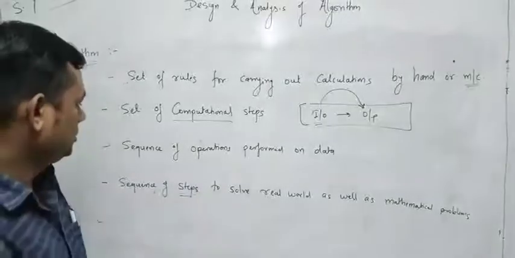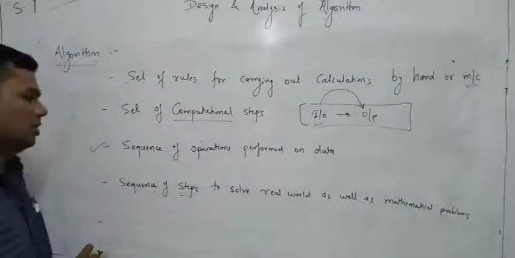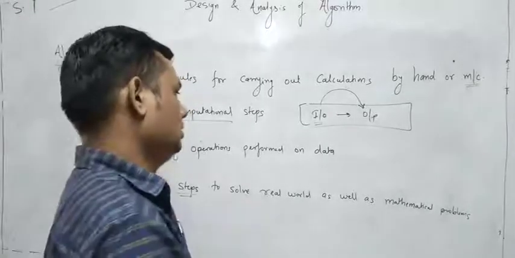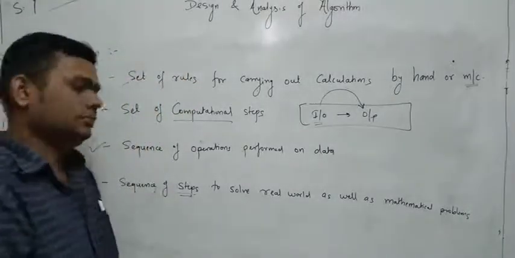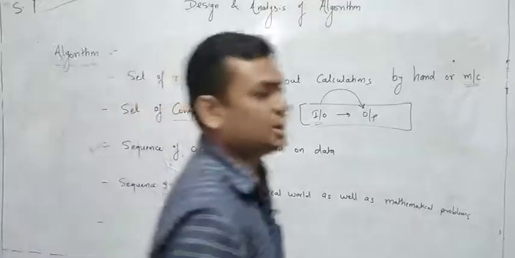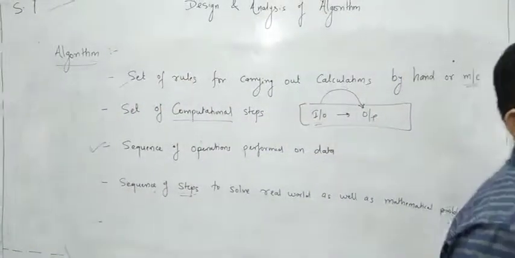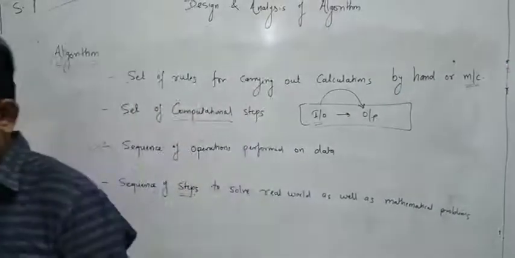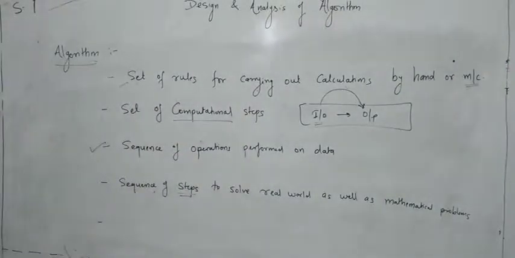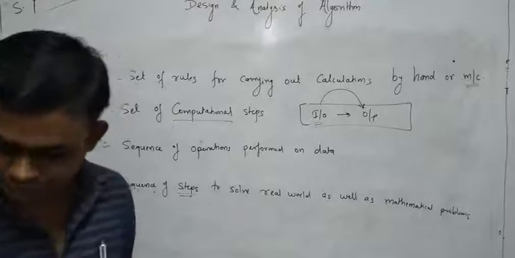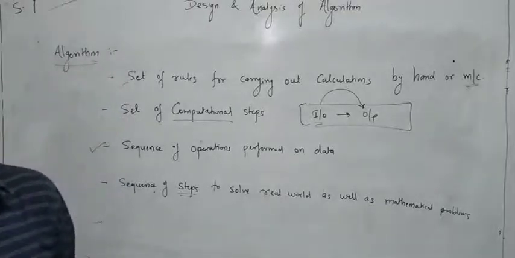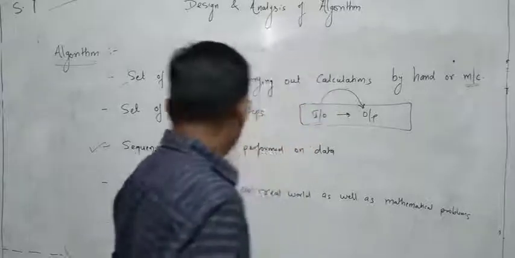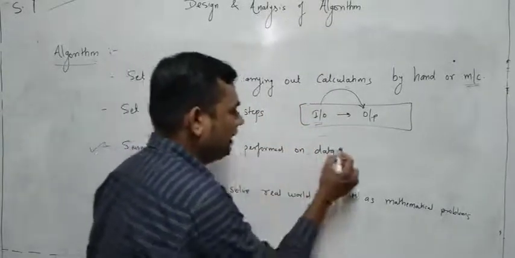Friends, this is the next definition, or the next important point on algorithm. An algorithm is a sequence of operations performed on data or a database to produce the final output. That particular sequence of operations is performed on data.